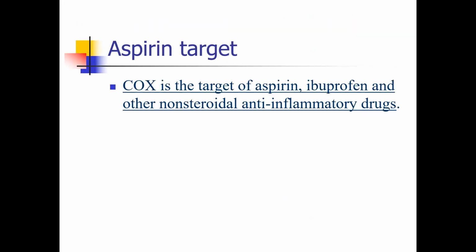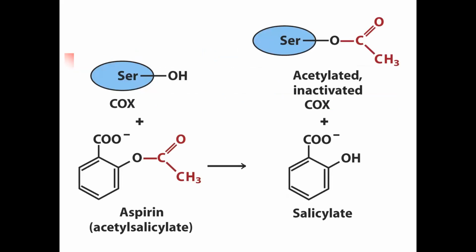So as we said, cyclooxygenase is the target of NSAIDs. Here's how aspirin does its dirty work. So aspirin is O-acetyl salicylate.